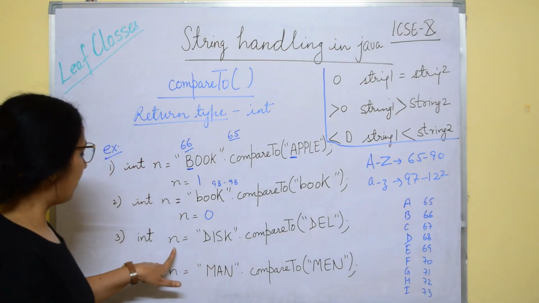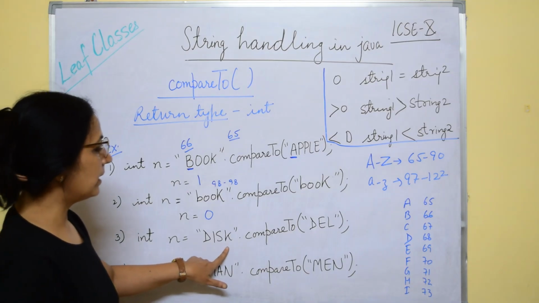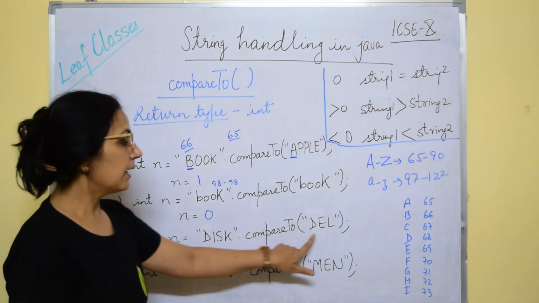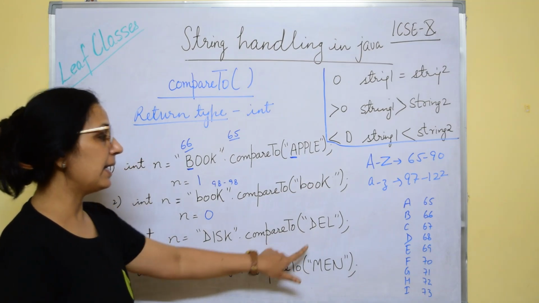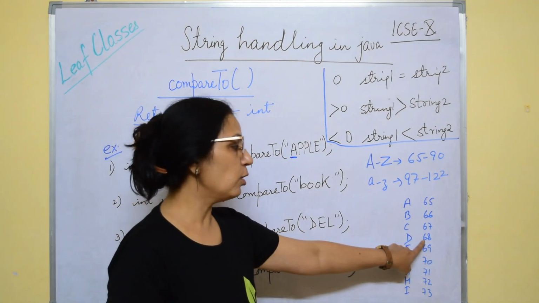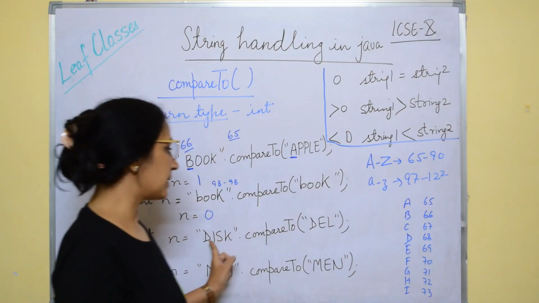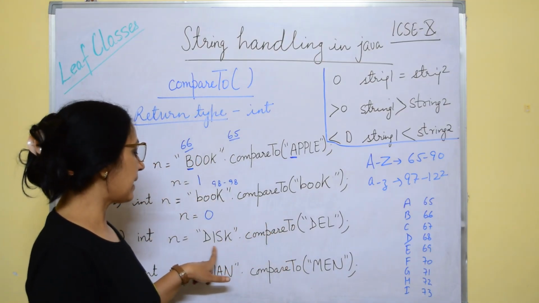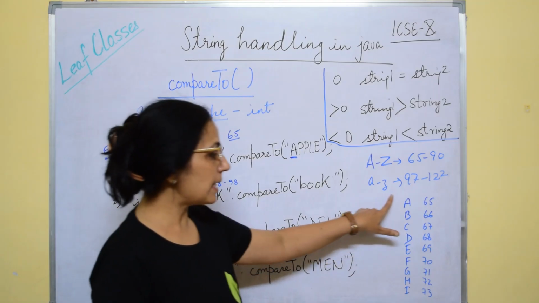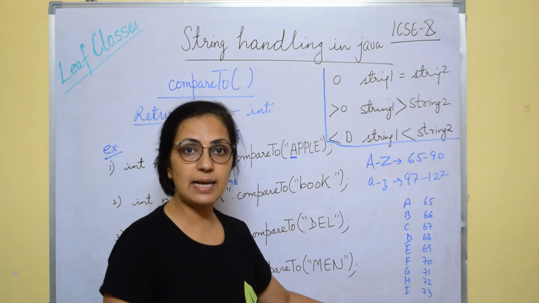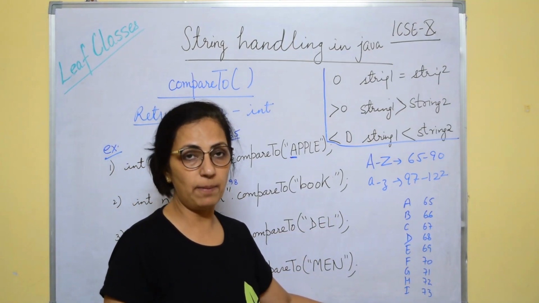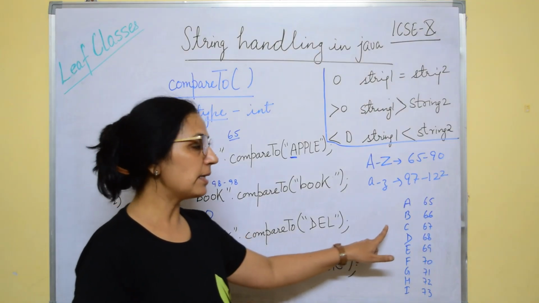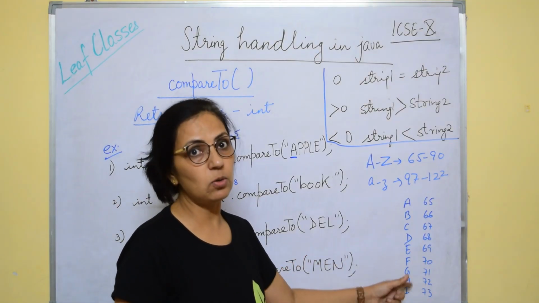The next example is int n equals to disk dot compare to del, all in capital letters. The first character is the same, D and D. The ASCII value of D is 68. So 68 minus 68 will be 0. Then the second character, I. So in such cases you can write the ASCII values on the right side of your page for the values which are given in the string, so that it will be very convenient for you to check.